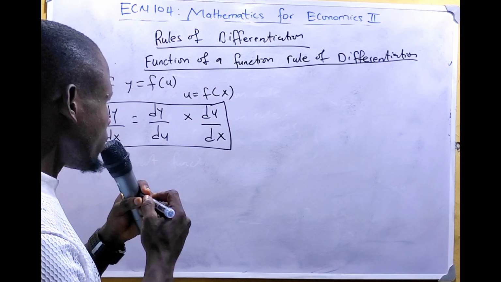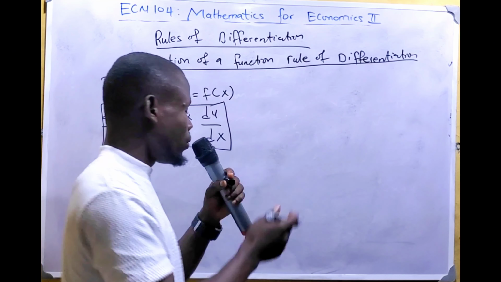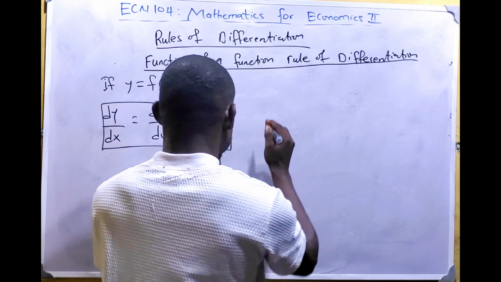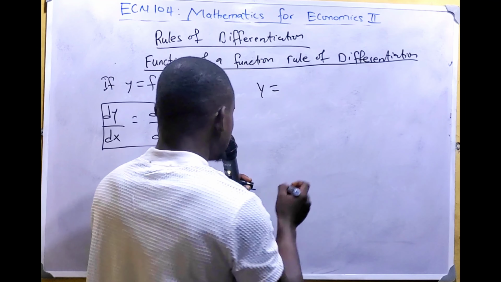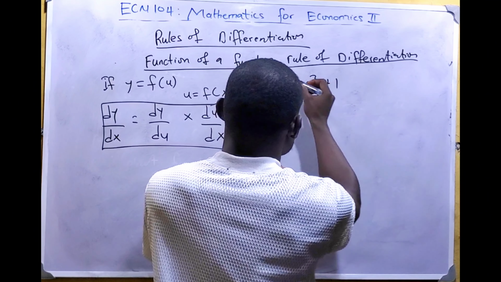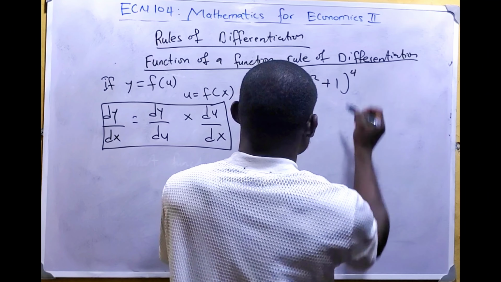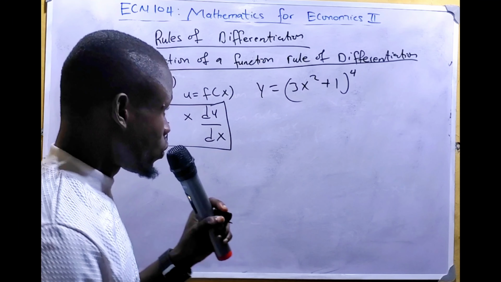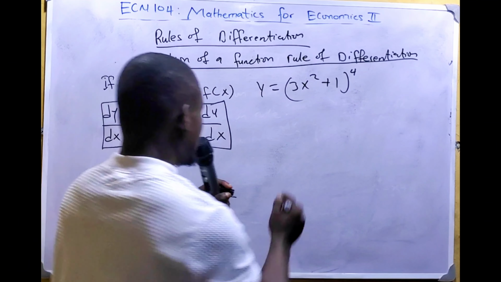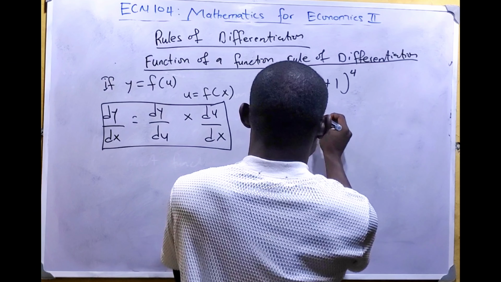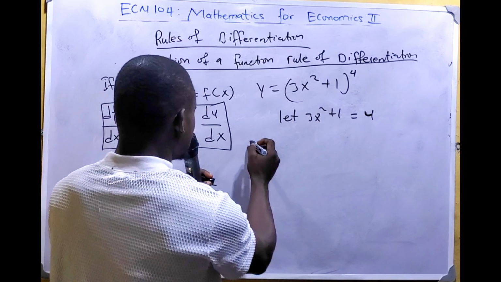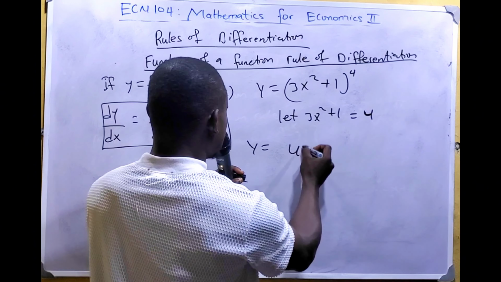For instance, let's say we are given the function y equals (3x squared plus 1) all raised to power 4. This is a function of a function, because we can let 3x squared plus 1 equal u. Now we can say y equals u raised to power 4.